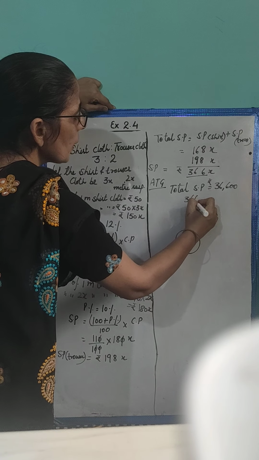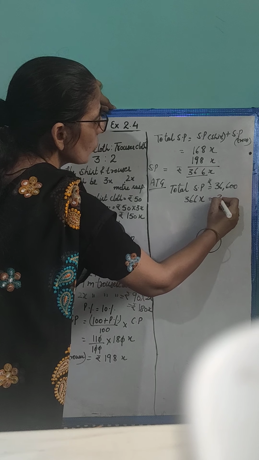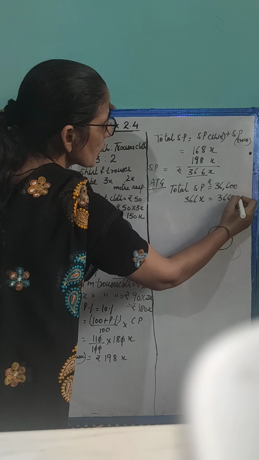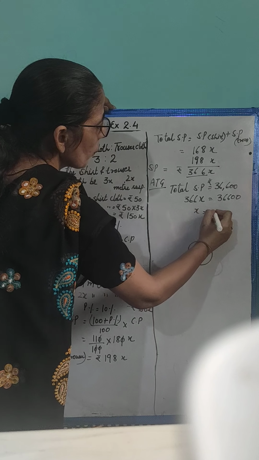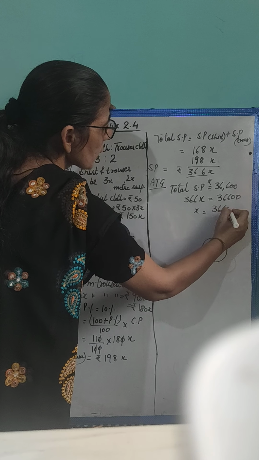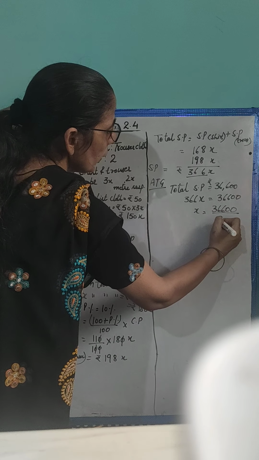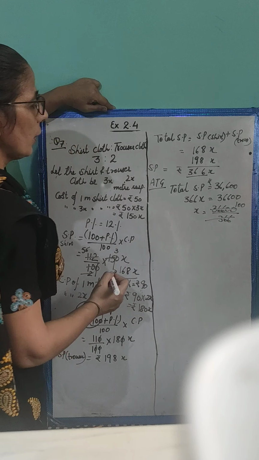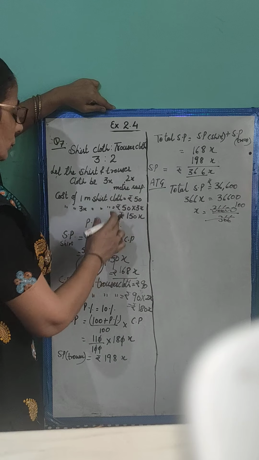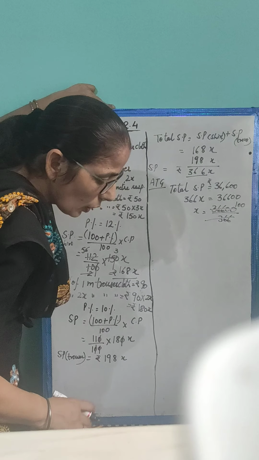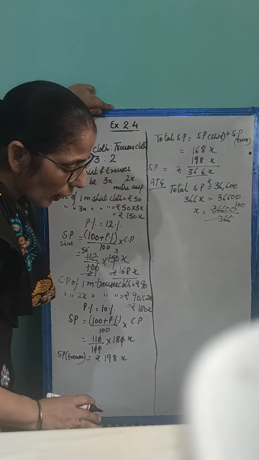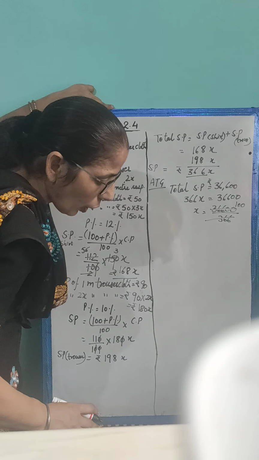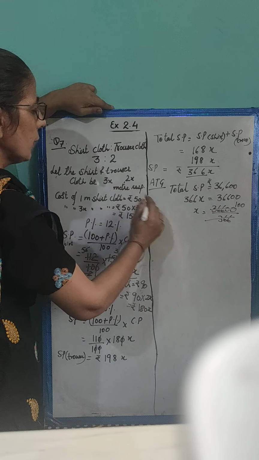ये उसका SP आया था, 366x is equal to 36,600. So x will be equal to 36600 upon 366. So x will be 100. X is 100. So what is asked from us? Only we have to find how much trouser material did he buy.